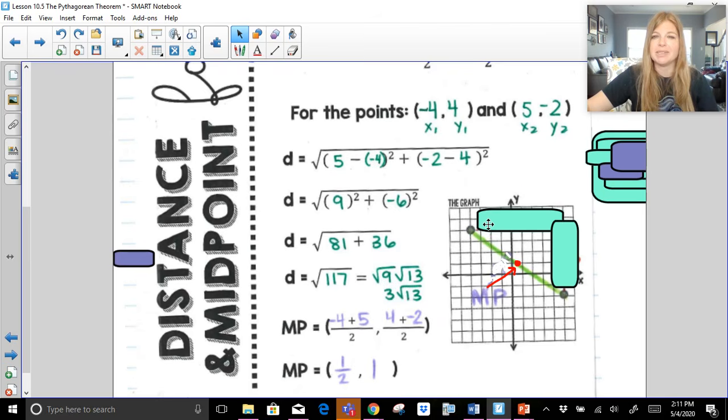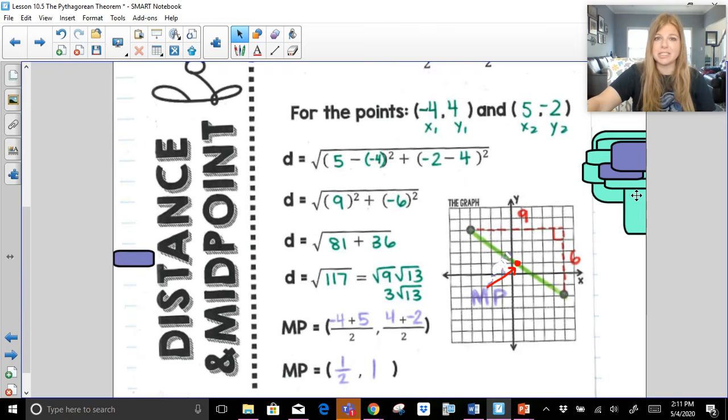Now, something else I want to show you is that the distance formula actually is the Pythagorean theorem, just unfolded. If I take the distance between these two points and make a line, it's really the hypotenuse of a right triangle. Remember, the Pythagorean theorem is a squared plus b squared equals c squared.